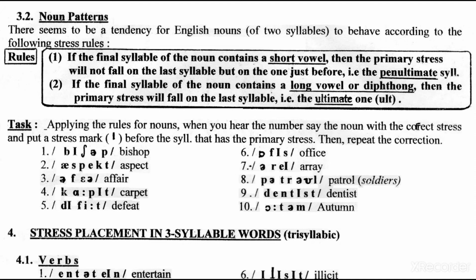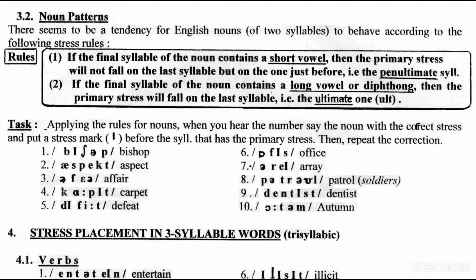Rule 2A says, if the final syllable of the noun, be careful, it's a noun, contains a short vowel, then the primary stress will not fall on the last syllable, but on the one just before it, that is the penult.